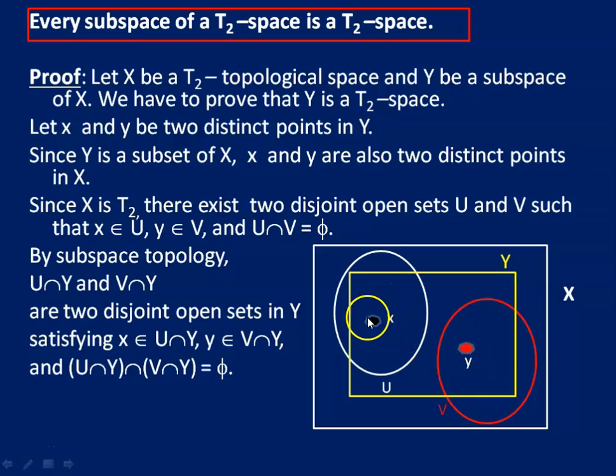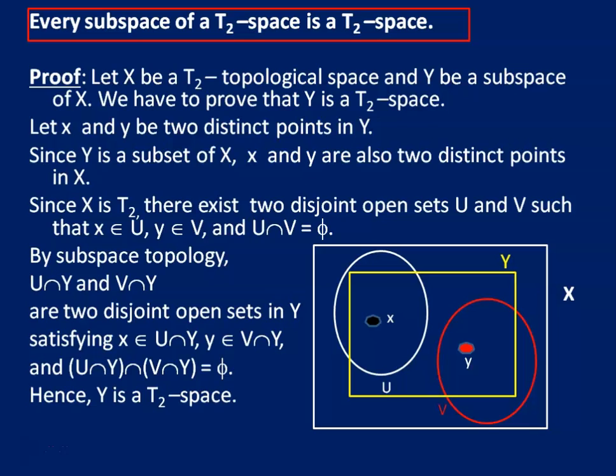This U intersection Y is disjoint from the other open set V intersection Y. So we have two open sets, U intersection Y and V intersection Y, and x belongs to U intersection Y, y belongs to V intersection Y. Both these open sets are disjoint, hence Y is a T2 space. So from this, we proved that a subspace of a T2 space is T2.